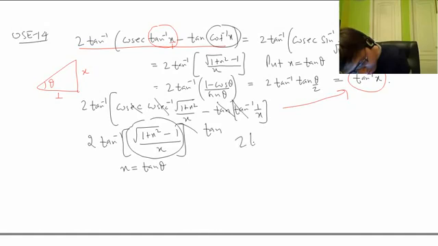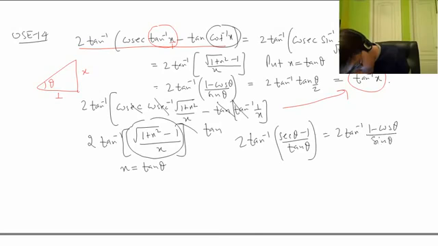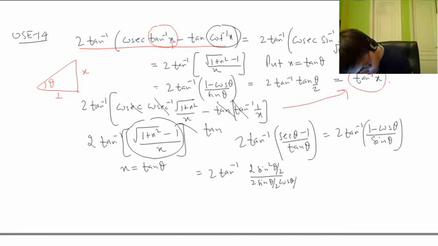What we have is 2 tan inverse. 1 plus tan square theta is secant square theta, so root of it is secant theta, minus 1, over tan theta, equals 2 tan inverse of 1 minus cos theta over sin theta. You can use a formula here, or you can say 2 sin square theta by 2 over 2 sin theta by 2 cos theta by 2.